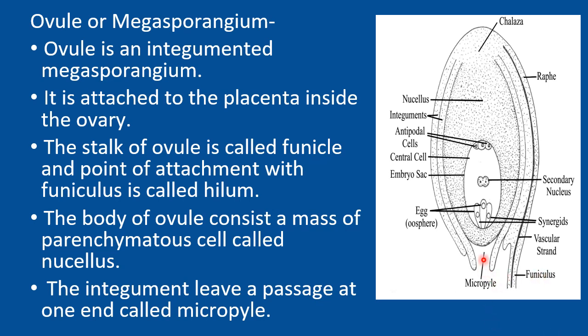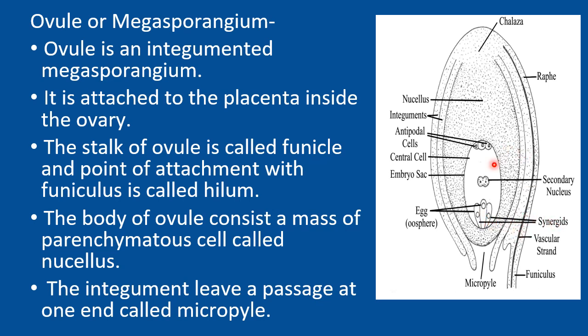Now we are going to discuss this particular diagram. The micropyle is an opening, which I already conveyed, and you will find the point of attachment, the funiculus, above which you will find the vascular strand. Vascular is the conducting tissue, where you will find water and so on, and synergids.